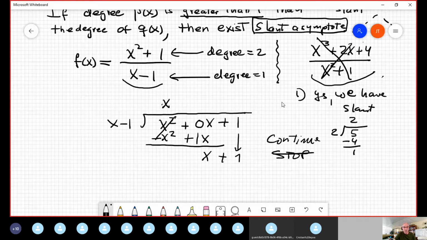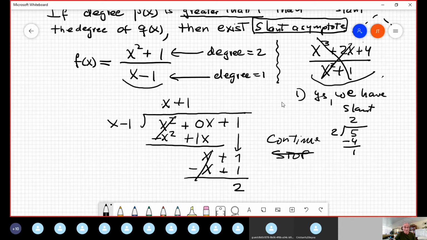Now it's obvious it's plus 1, because 1 times x is x and 1 times negative 1 is negative 1. By subtracting, change the sign. There is a cancel, and the remainder is 2.